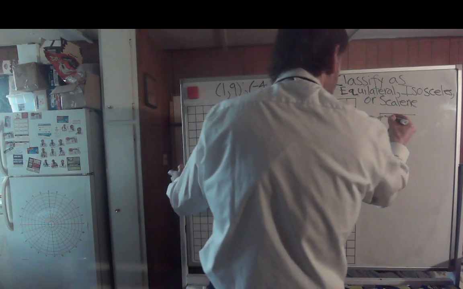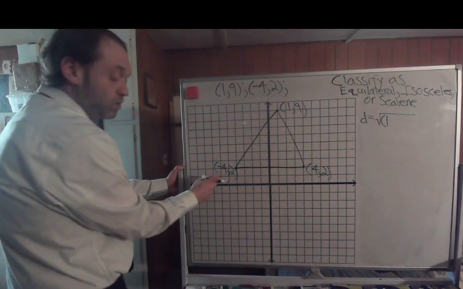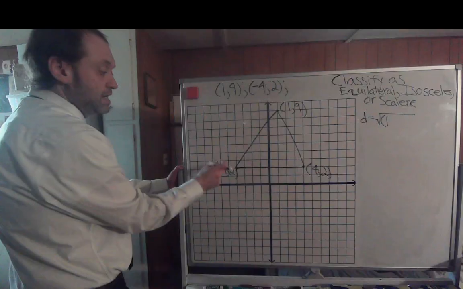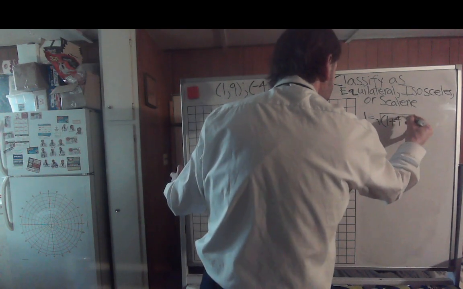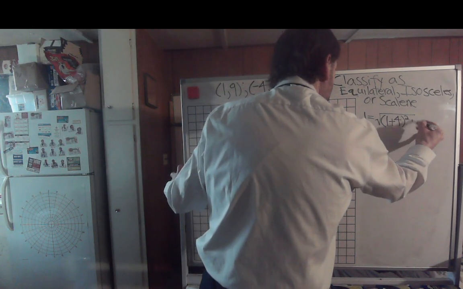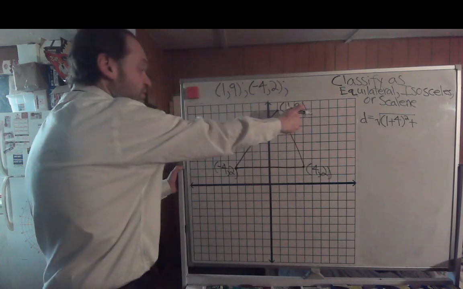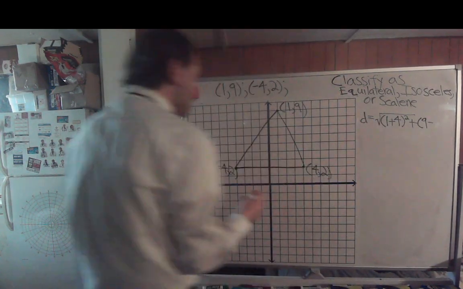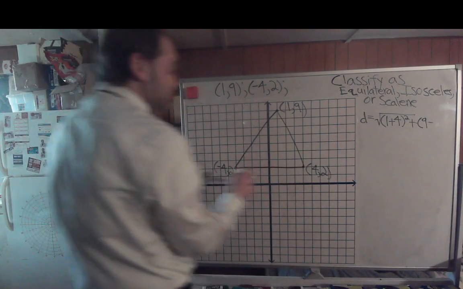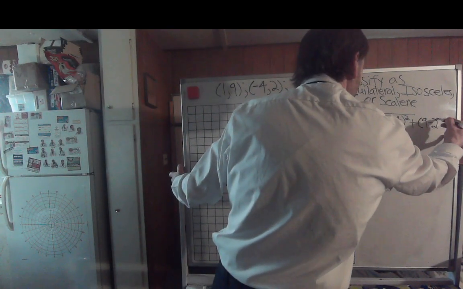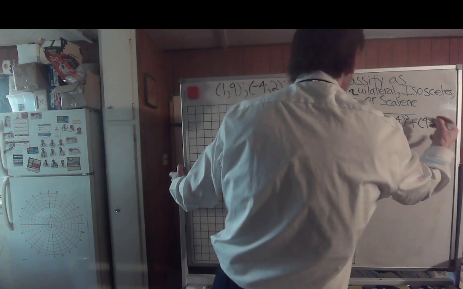So my x2 is going to be 1 minus my x1 of negative 4. So that'd actually be 1 plus 4, that quantity squared, plus my y2 of 9 minus my y1 of 2, that quantity squared.